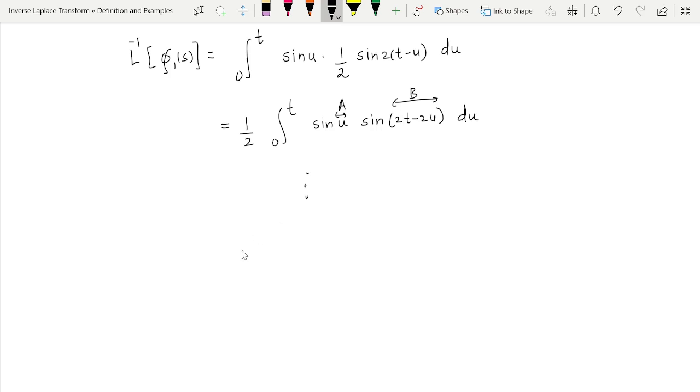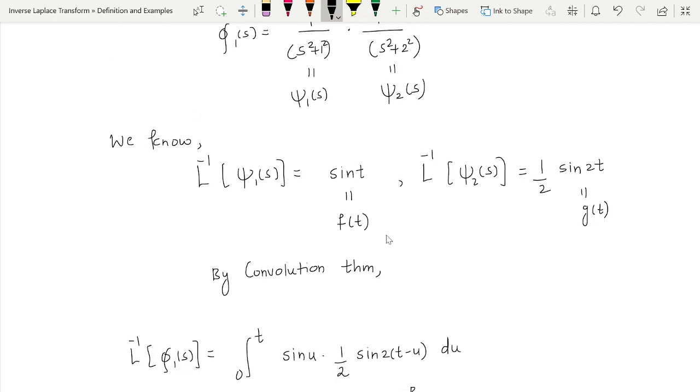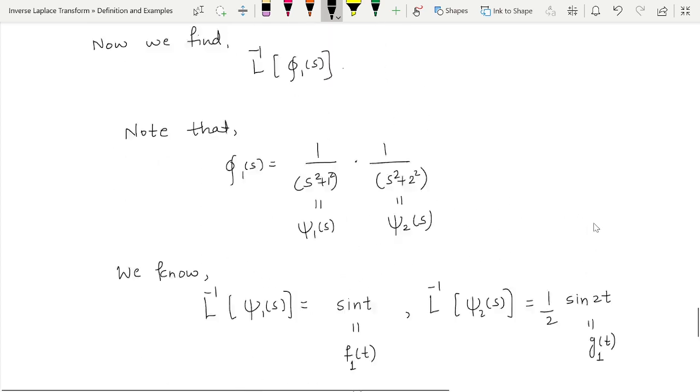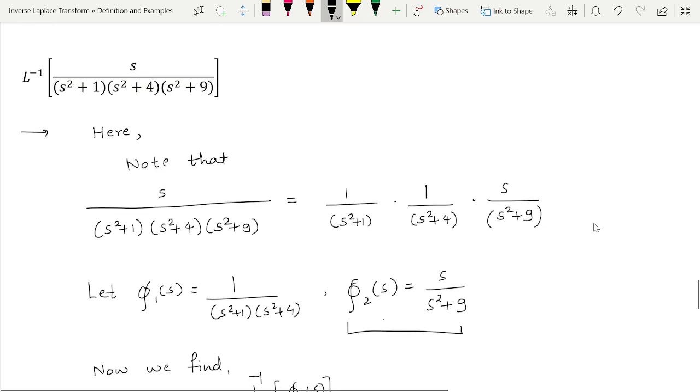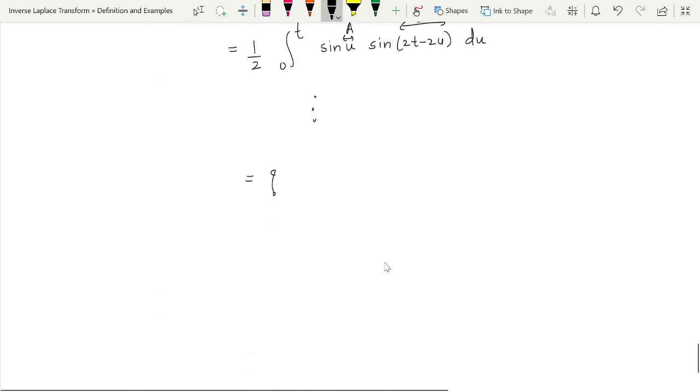I leave it to you, and whatever answer we get here, okay, if you want I will not use this f of t and g of t notations, it will confuse you. Let us call them f1 of t and g1 of t, because we are already going to use the notations f of t and g of t for L inverse of phi 1 of s and L inverse of phi 2 of s.